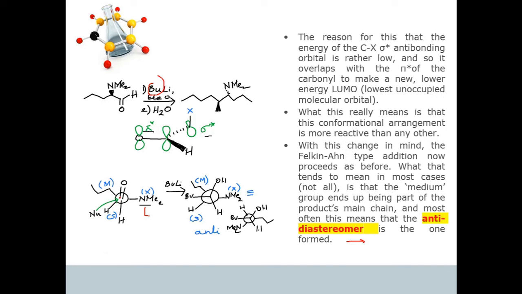So when my nucleophile attacks the carbonyl carbon, you can see here I have my butyl group here, I have my OH here, so my OH will be pushed, and I have my hydrogen here, and now you can see my butyl group and my N-dimethyl group are anti to each other. And a diastereomeric product is formed.